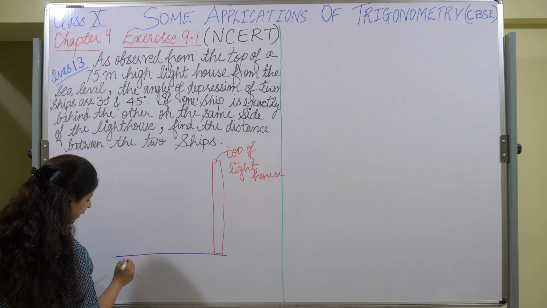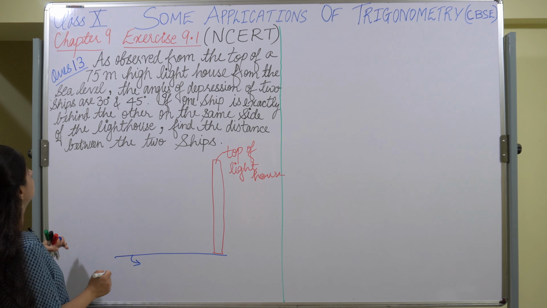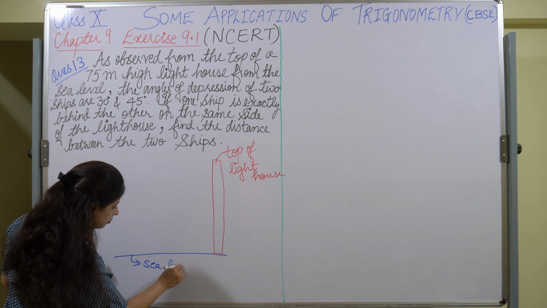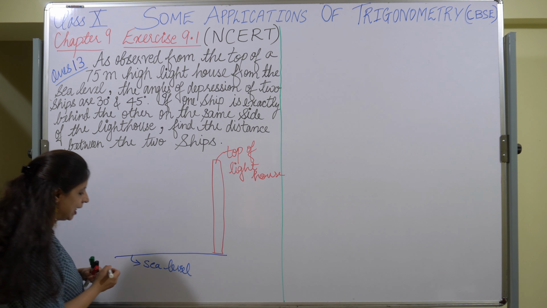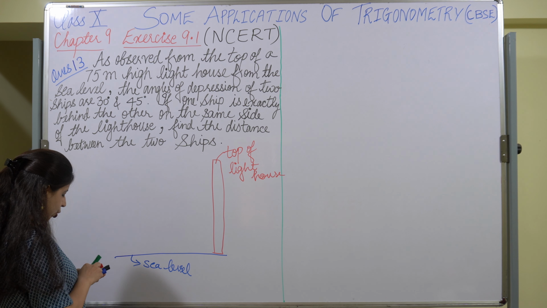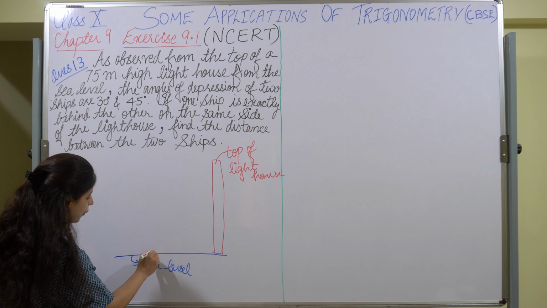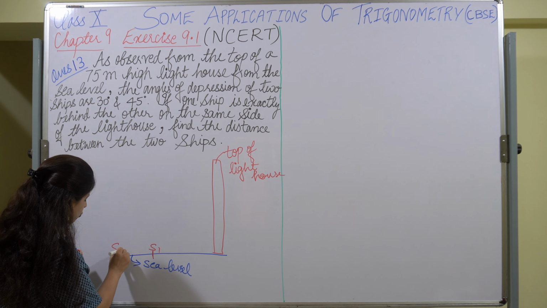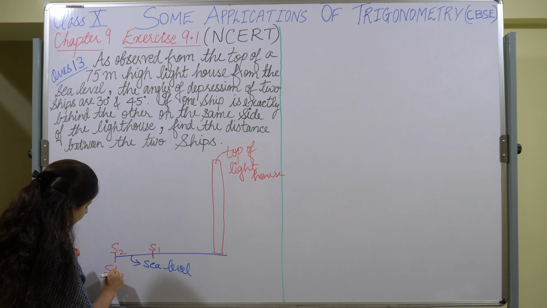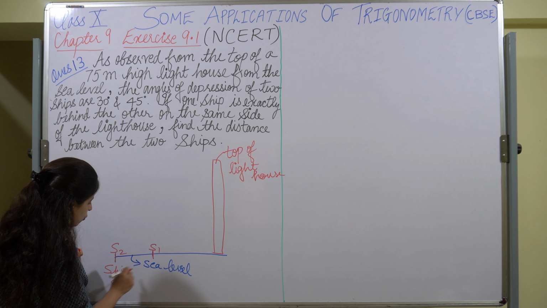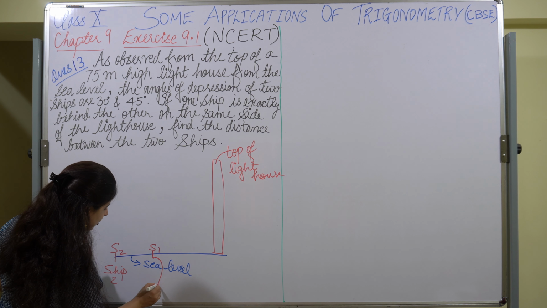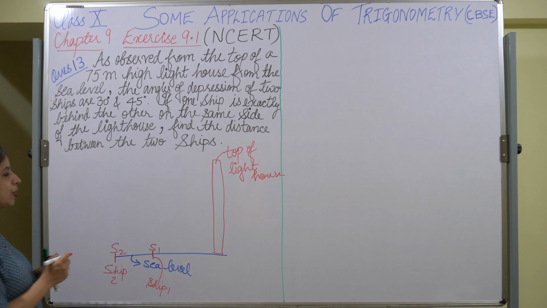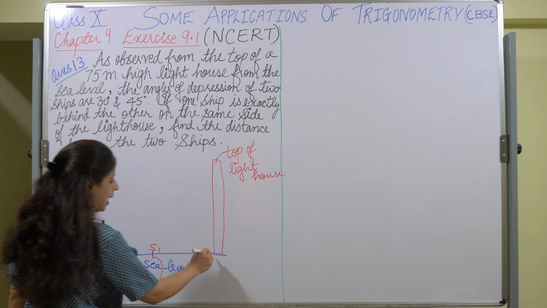This is the sea level on which the ships are sailing. So two ships I am taking over here, S1 and S2. This is ship 2 and this is ship 1.